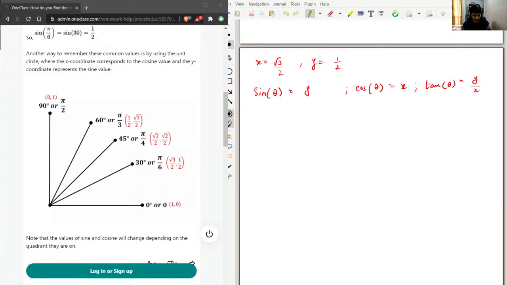So for 30 degrees, my coordinates are x comma y, and for sine 30, my y coordinate is 1 over 2. So sine 30 is 1 over 2.